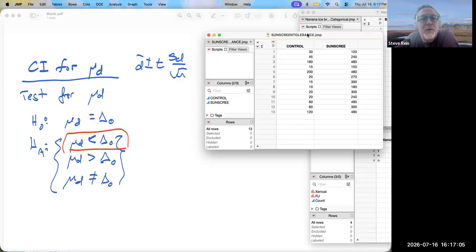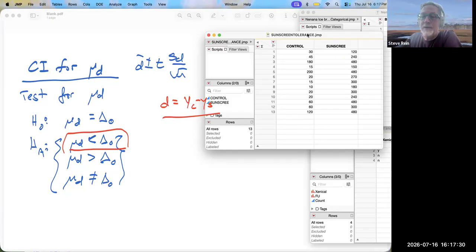If the D's are literally Y for the control minus Y for the sunscreen, those differences would tend to be negative if your value for Y sunscreen tends to be larger than Y control. So the natural alternative might be that there is a negative difference.